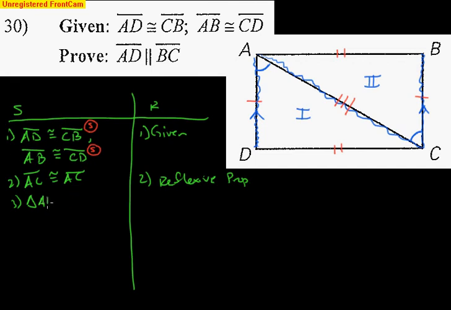How about we name it ADC? Triangle ADC is going to be congruent to triangle CBA. I think it's just easier to see A down to B, down the side with one marking, C down the side with one marking to B. And that is by side, side, side.